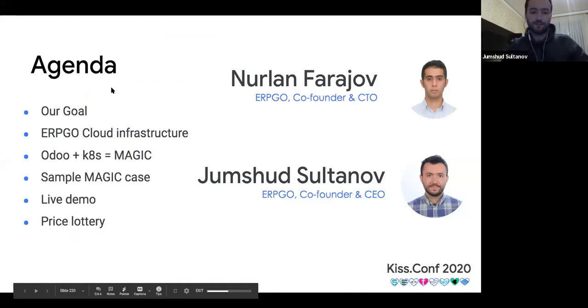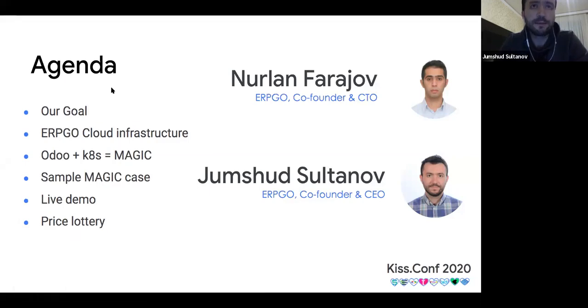this is our agenda. Our main goal today is to share our experience, what we have gone through in ERP Go for these 2 years, and also to show you how to start your company infrastructure with lower investment to run it on low cost.